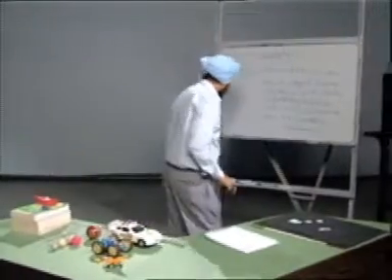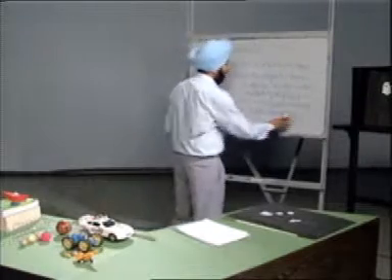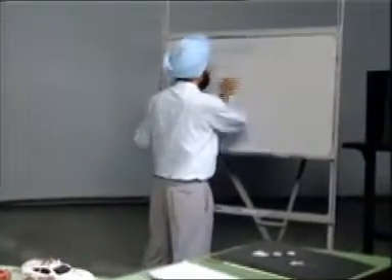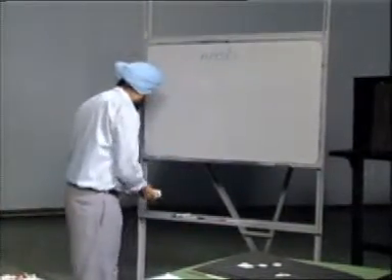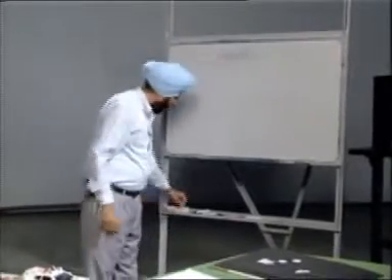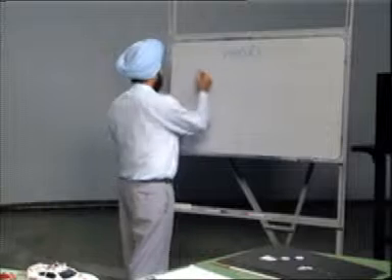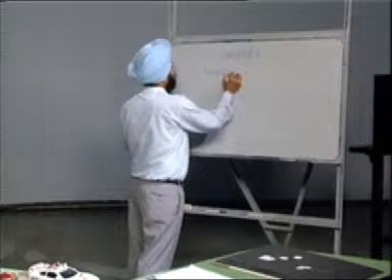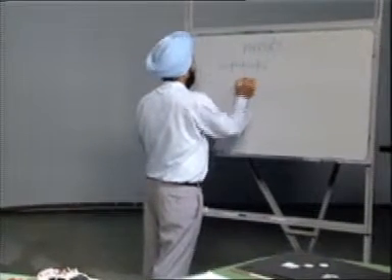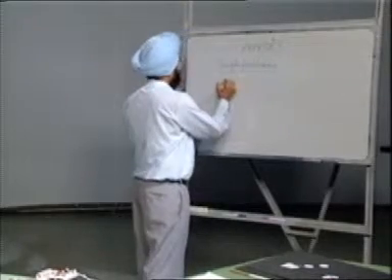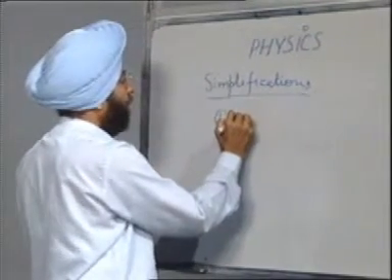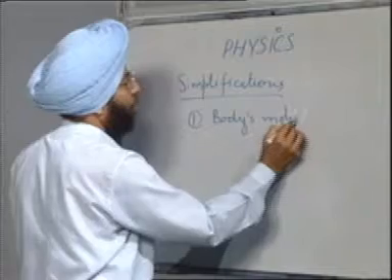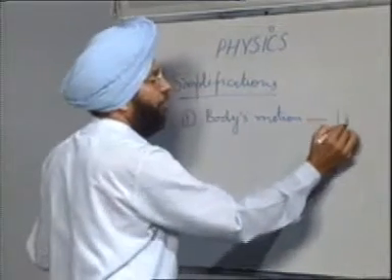Now, when we have discussed all three kinds of motion and we want to go into details, we make some simplifications. Simplification number 1: we consider the body's motion only in one dimension.